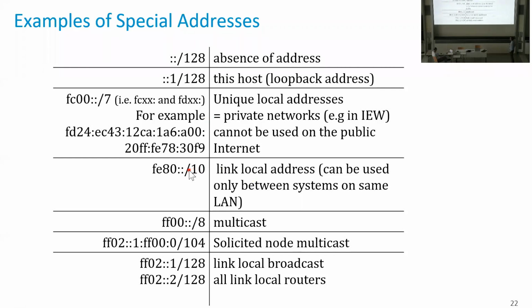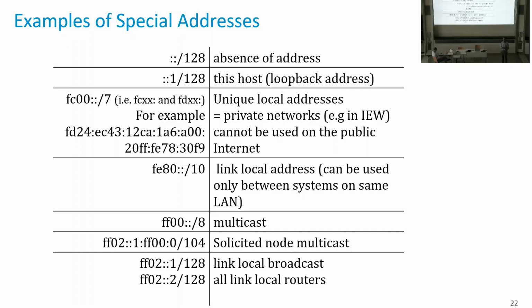Like with IPv4, there are also link local addresses. I said like IPv4, in fact it's not like, it's very different. IPv6 link local addresses are always used. So the first thing that an IPv6 machine does when it boots and activates an IPv6 interface is to check that and create an IPv6 link local address.